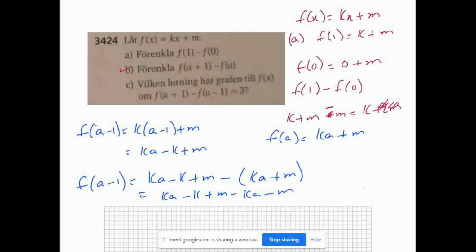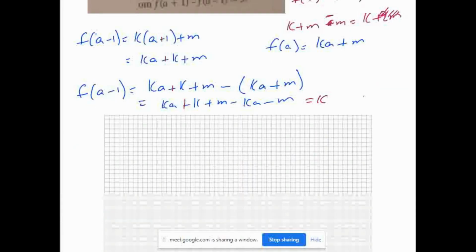Yes, k or negative k? Okay, okay, I got the mistake. Okay, this will be plus 1. Okay, so that is why this will be plus k. Fine, that's the final answer. I hope that you have got the concept of how to substitute the values in a function.